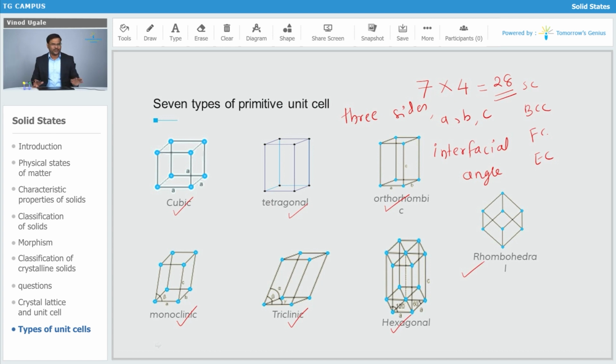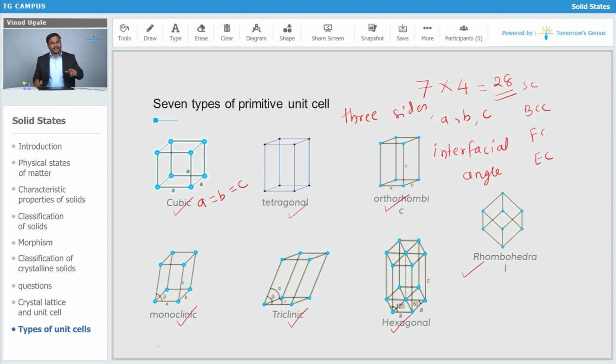Now in case of cubic, it is quite similar to square. Square is 2-dimensional structure and cubic is going to be 3-dimensional structure. So like in square we have both the sides equal. Similarly, in cubic we are going to get all sides equal. So we will say that A is equal to B is equal to C. Correct?